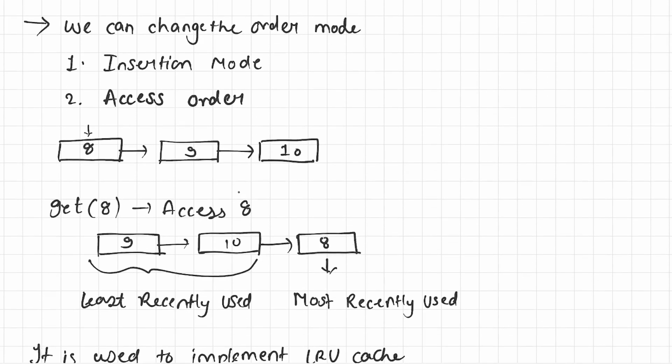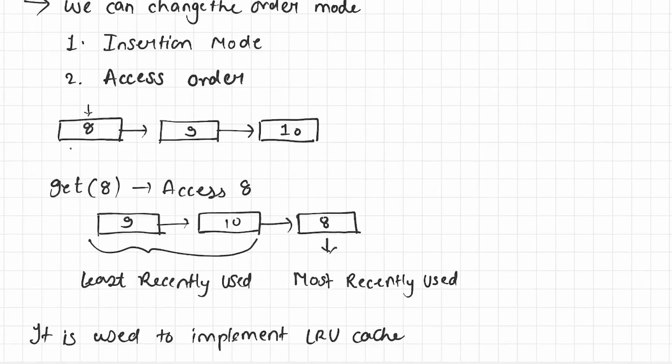Okay. So let's understand the access order with this example. So let's say we have 3 entries in the LinkedHashMap. First is 8, then 9 and then 10. And we have recently accessed one entry, that is 8. So what it does internally, it's simply going to move the entry 8 to the last of the linked list.